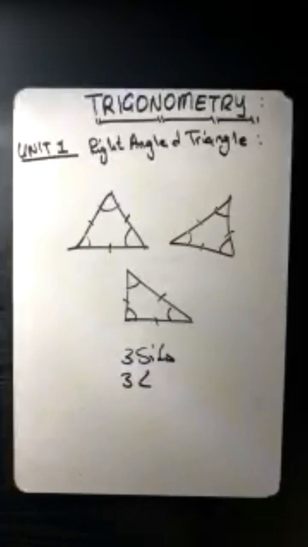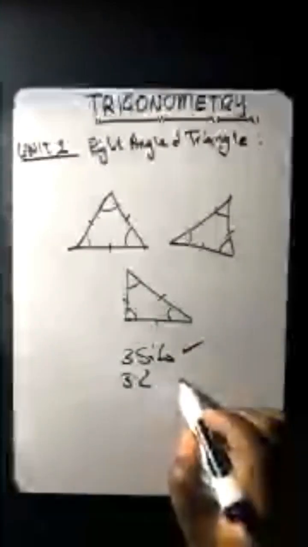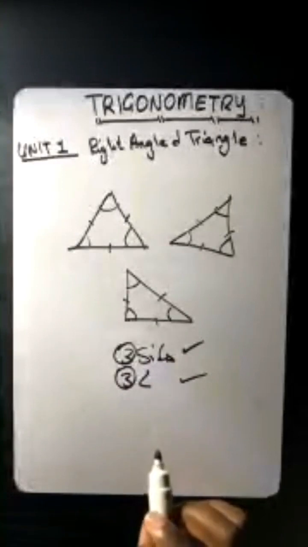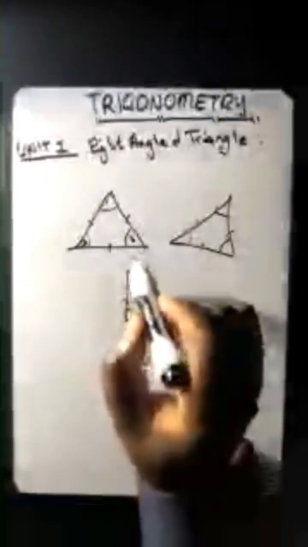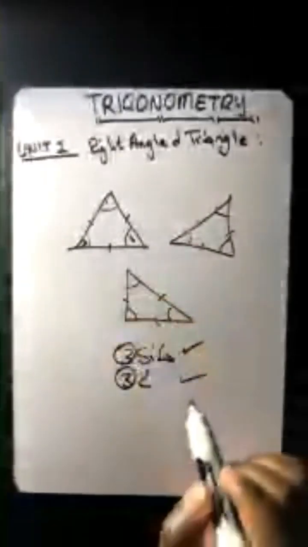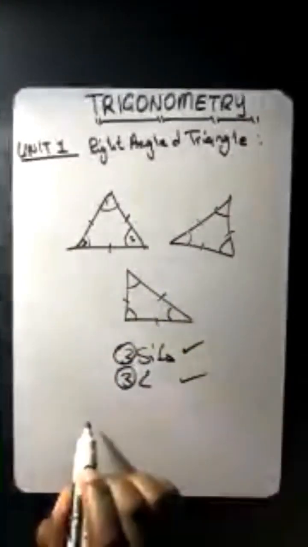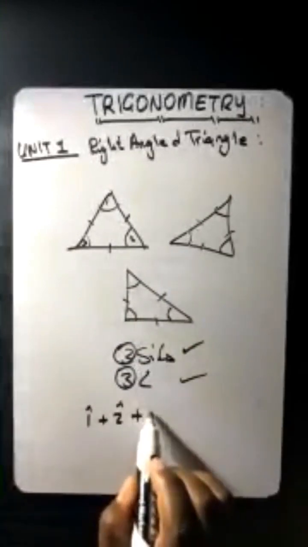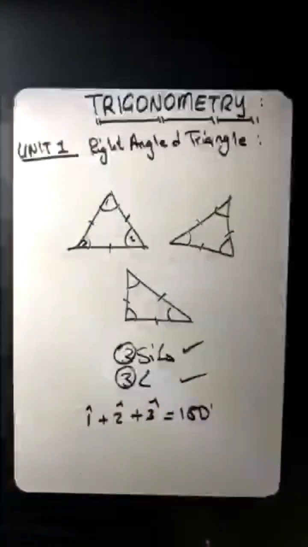So we are studying the relationship between the sides and the angles, of which the sides are 3 and the angles are 3. Let's say this is angle number 1, this is angle number 2, this is angle number 3. The sum of interior angles of a triangle equals 180 degrees, meaning angle 1 plus angle 2 plus angle 3 must give you a total of 180 degrees.